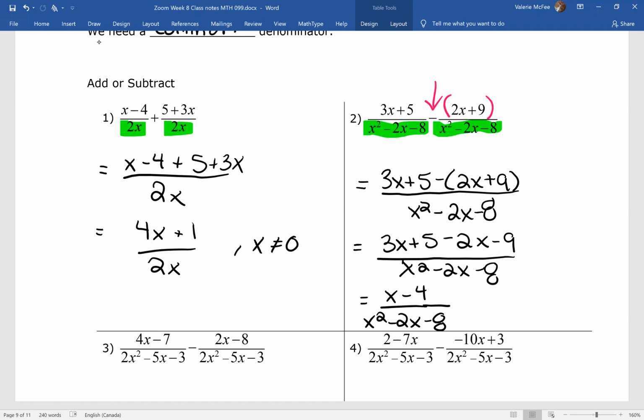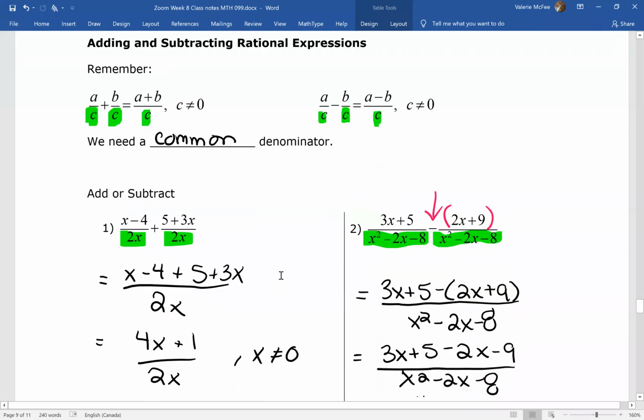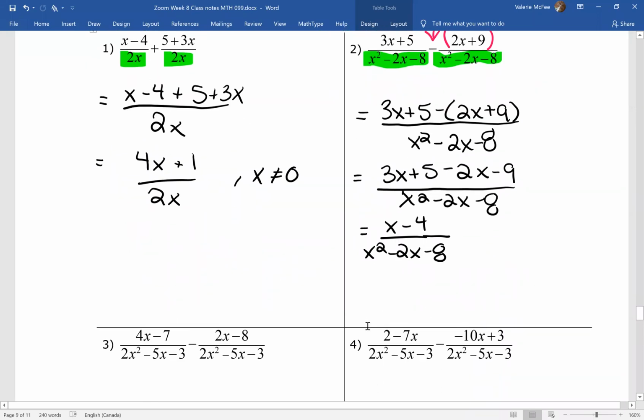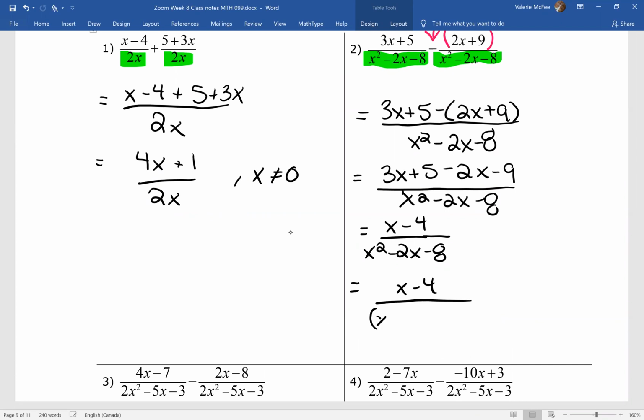I know I can factor that denominator. So let's factor that. Now we see that x minus 4 is common.